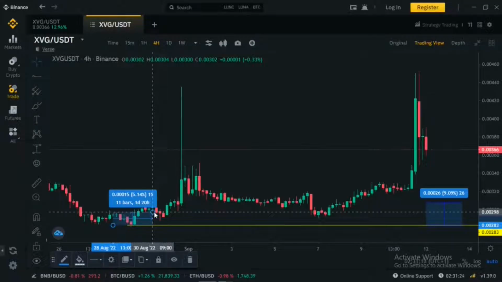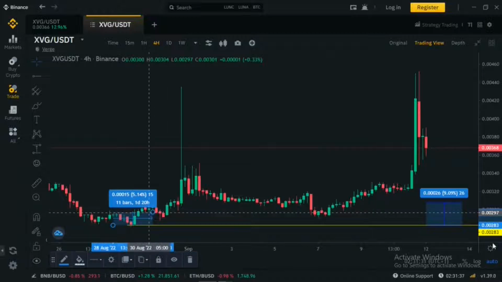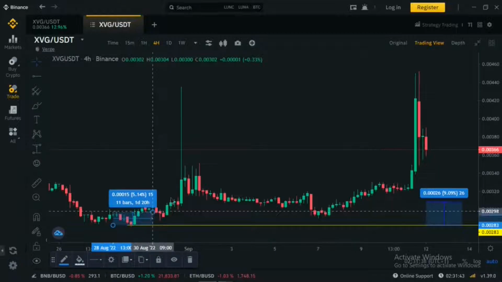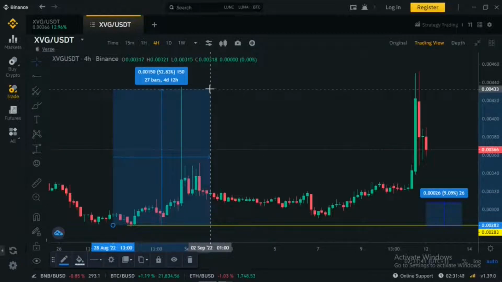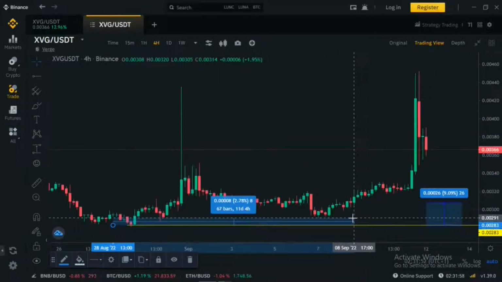With that out of the way, the most current bullish trend section of the XVG USDT cryptocurrency pair started from the lowest price of this green candlestick bullish trend starter, which is 0.00283, and bounced up by 53% and then dipped back down to 2.78%.